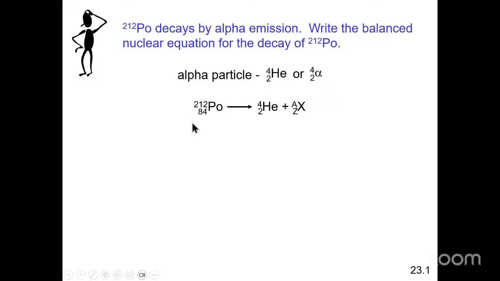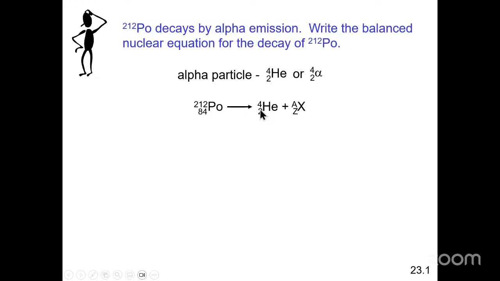So what we do is start off with polonium-212, and we have to look up the atomic number. You consult the periodic table, and you see that the atomic number of polonium is 84. Then you write an arrow, and on the right side of the equation, you put the symbol for the alpha particle.